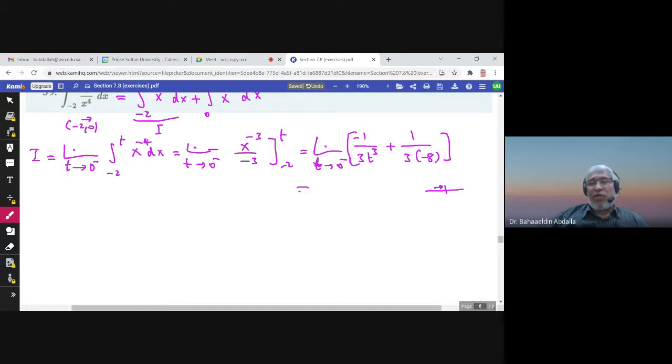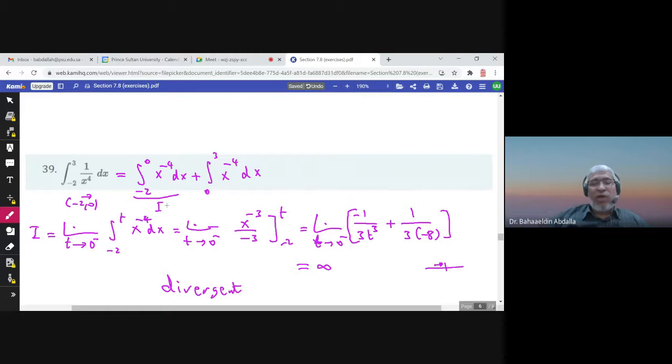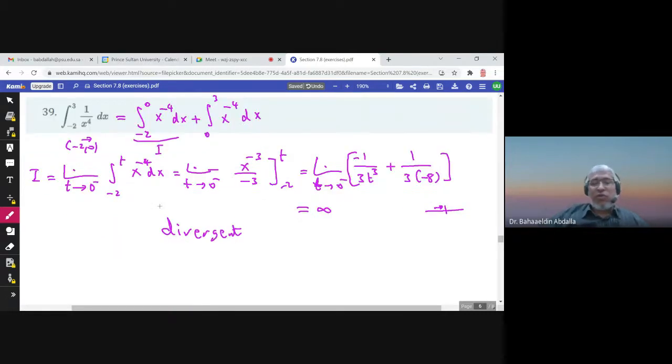So the answer would be positive infinity, and the integral is divergent. I found only I is divergent, so that's enough to say that the integral from -2 to 3 of 1 over x to the power 4 dx is divergent.